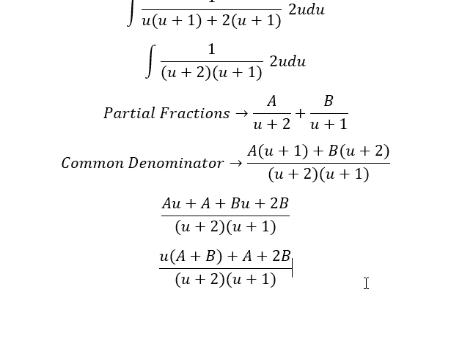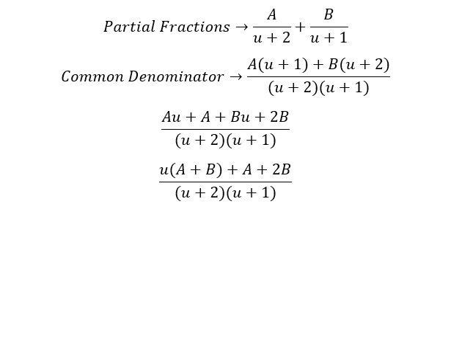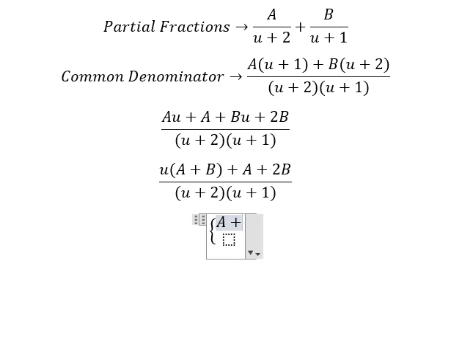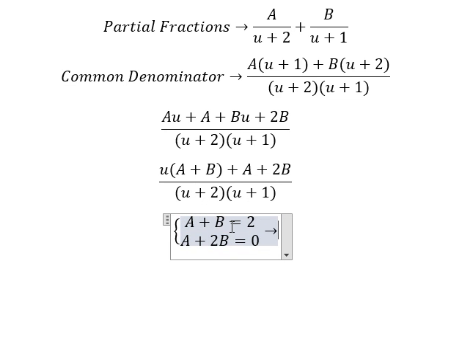Now, we need to compare coefficients. We have 2u. That means this one equals number 2. We don't have the numbers in here, so this one equals number 0. So we calculate this one.